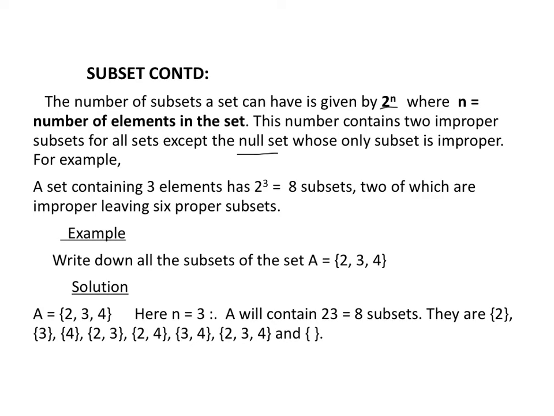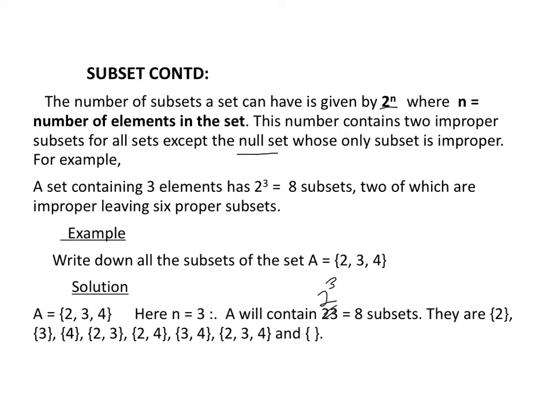Example, write down all the subsets of the set A. Set A has 3 elements, so it will have 8 subsets. Here, n is equal to 3. A will contain 2 raised to power 3, sorry, this is 2 raised to power 3. It is equal to 8 subsets.